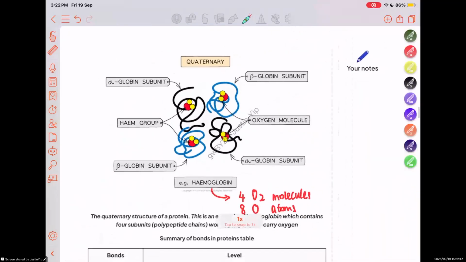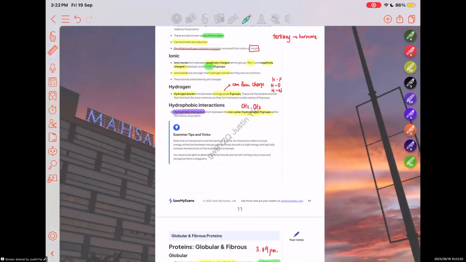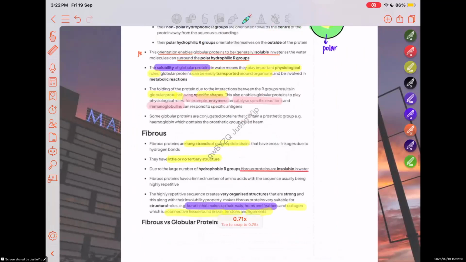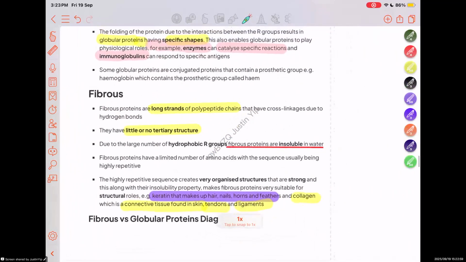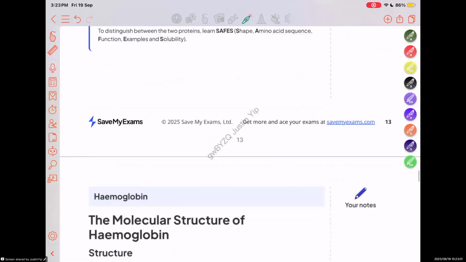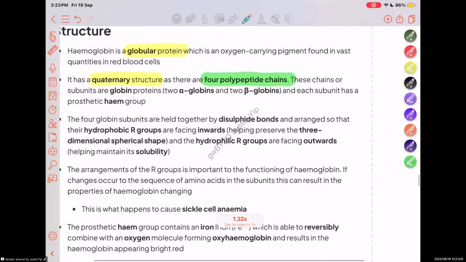Fibrous proteins are long strands. Here I have 2 alpha, 2 beta, and each subunit has a prosthetic heme group.